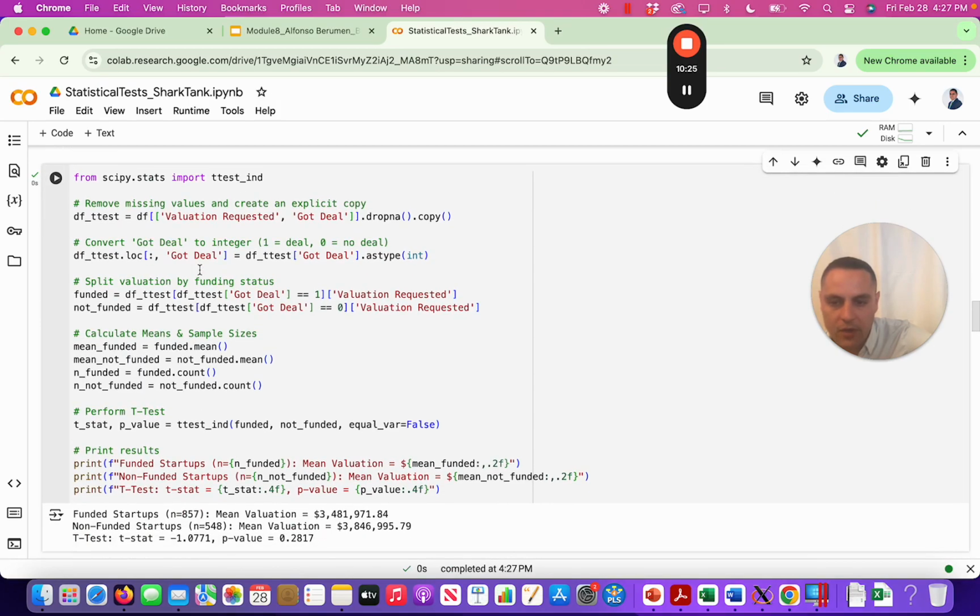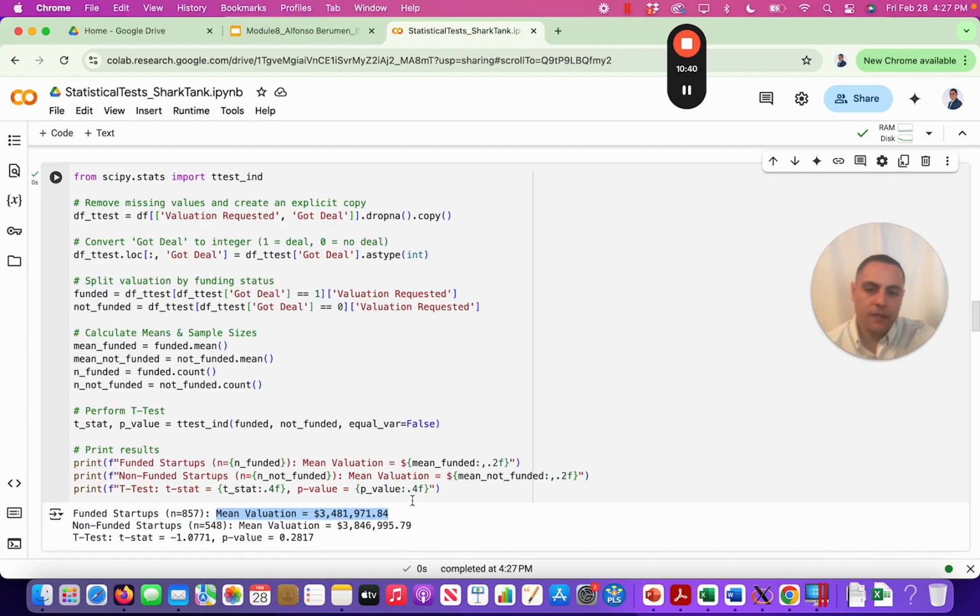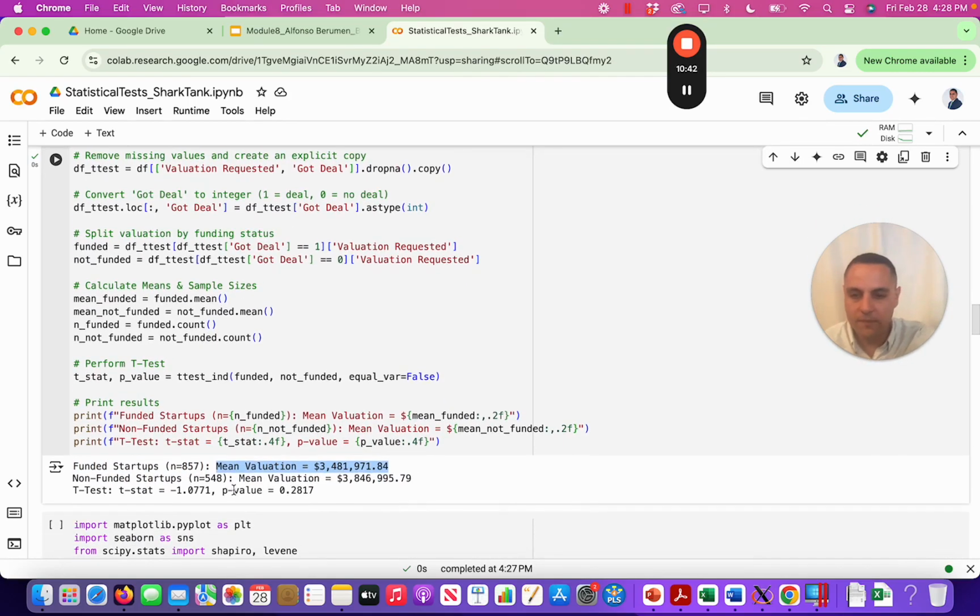And if we look at our results, obviously we're comparing means. The mean for non-funded startups is about 3.58 million. The mean for funded startups is 3.4 million. And we have our p-value, and the p-value is 0.2817.